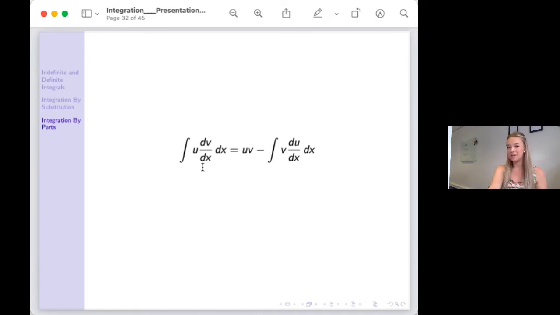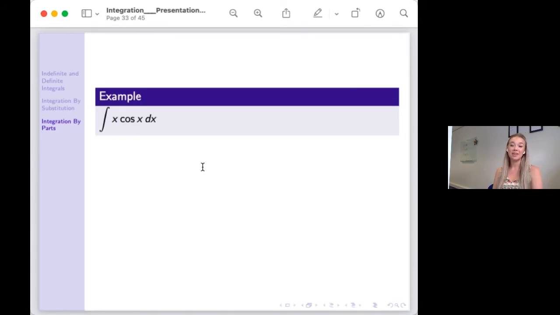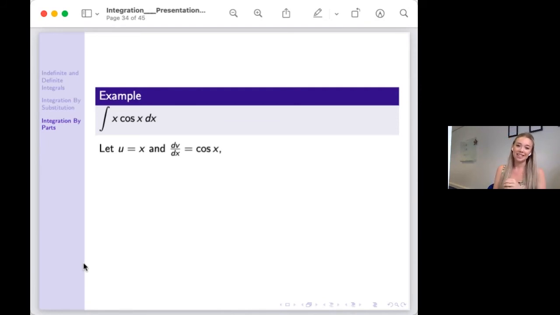So I think the best way to explain this is through an example. We'll look at this one, the integral of x cos x dx. So x times cos x in terms of x. One has to be u, the other has to be dv by dx. So we'll go u equals our first one, x, dv by dx equals cos x.